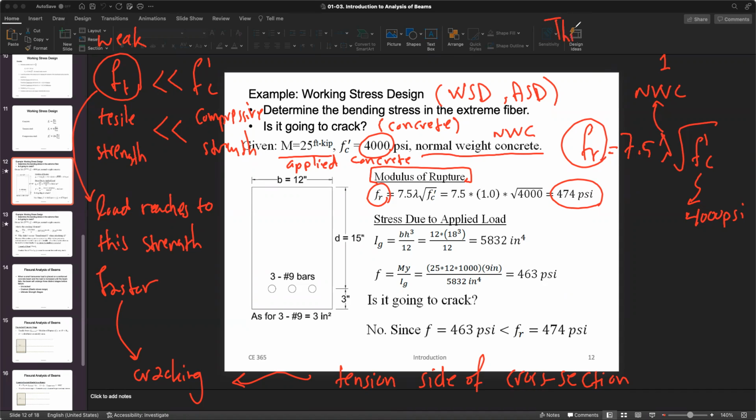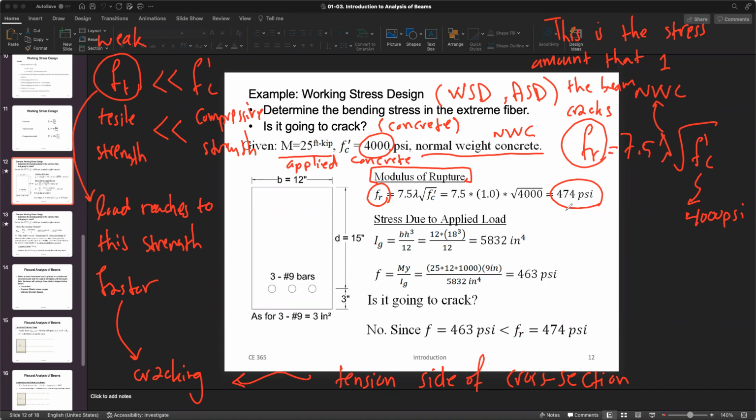So this is the stress amount that the beam cracks. Okay, 474 PSI. All right, so now let's calculate.